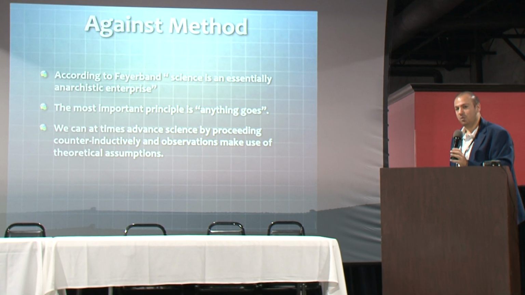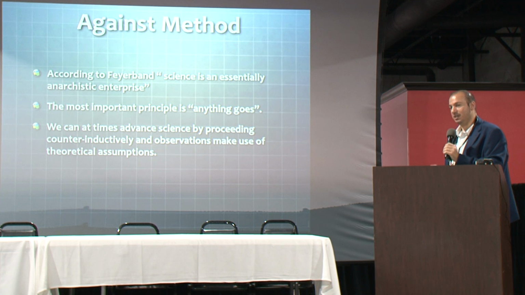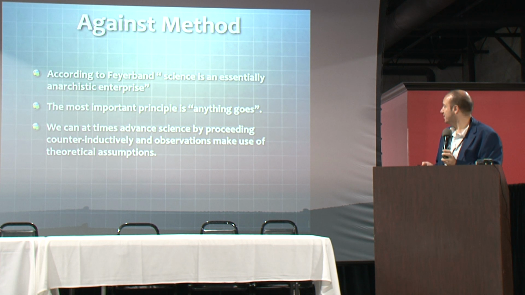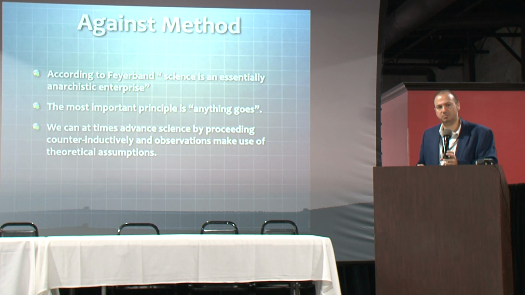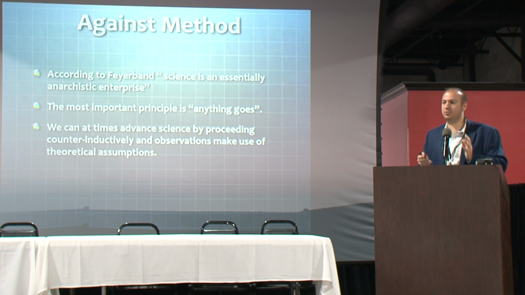So, what's my view today? Something called against method. A lot of philosophers of science nowadays say this, and most importantly Feyerabend, a philosopher of science, said science is an essentially anarchistic enterprise. Scientists who live by rules and methods do not actually move science forward or move humanity forward.